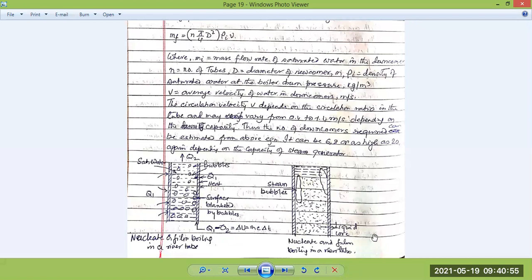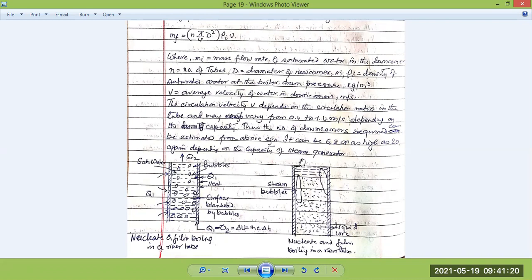And there are nucleate and film bubbles in the riser tubes. Another form of boiling is like this: film boiling may not be small bubble particles like here, but big bubbles like here, also here. This portion is a liquid core with steam around it.